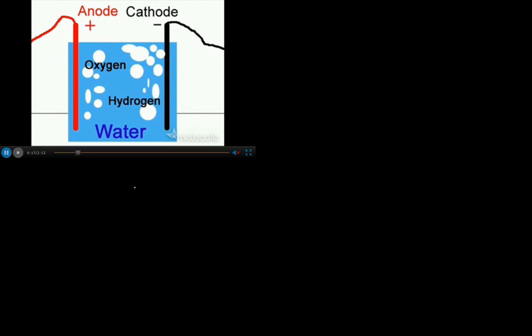And note that, I'm going to put this on pause for just a second. Note what's going on. The oxygen in a water molecule has an oxidation state of -2. That -2 oxide ion, if we do split water into its ions, is going to be attracted to a positive charge.